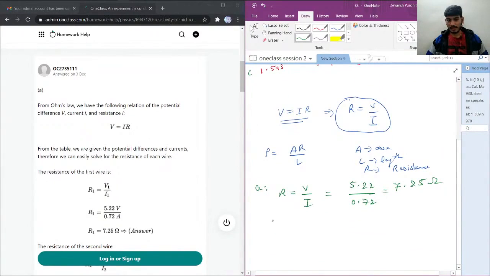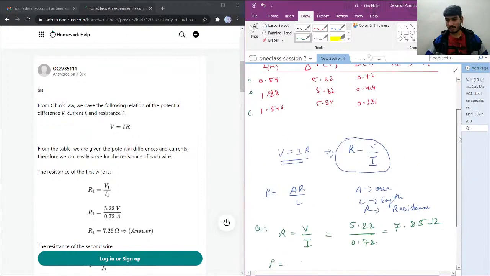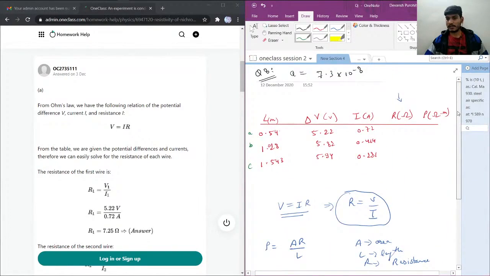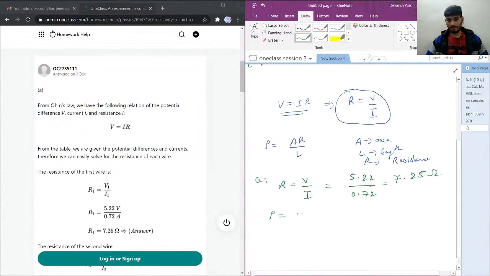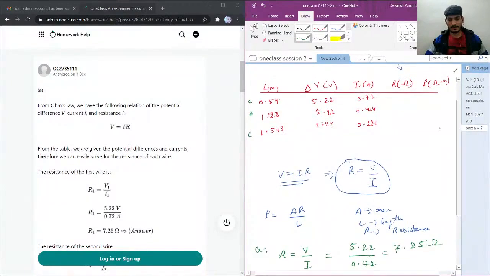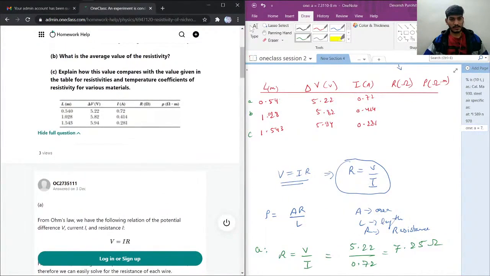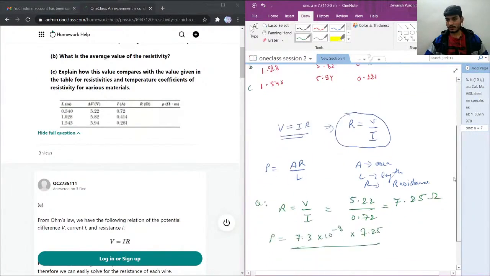And then resistivity will be A times R over L. A was 7.3 into 10 power minus 8 meters square. Resistance was 7.25, and for the length I'll just use the values from this table instead of scrolling again and again.